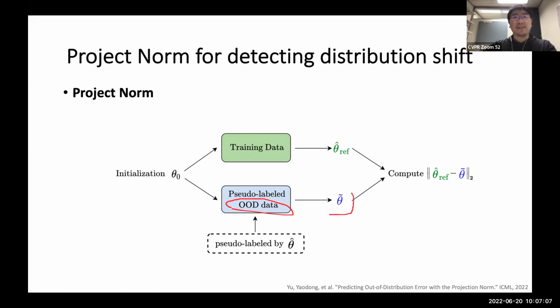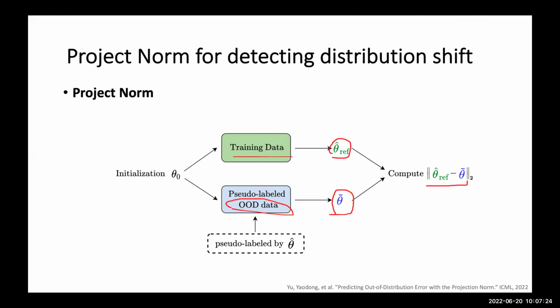And they also use the training data to train a model. And they simply calculate the L2 distance between the weights of these two models. And these weights can be very well correlated with the classification accuracy on out-of-distribution data, as shown in this graph.